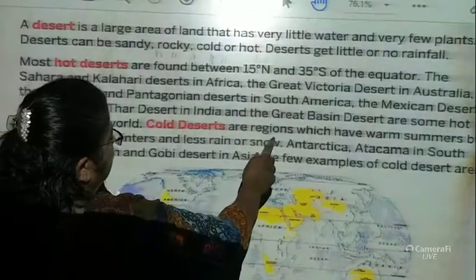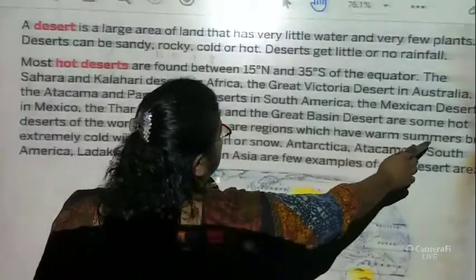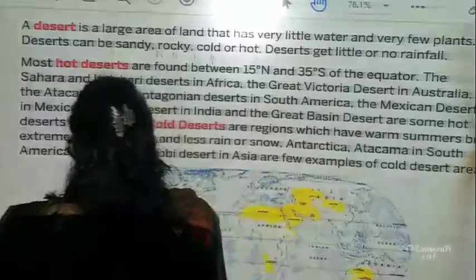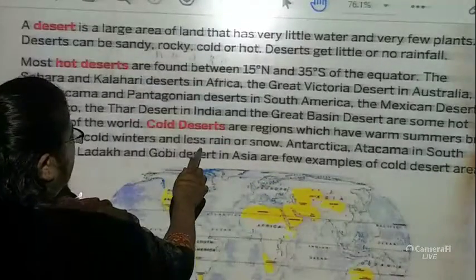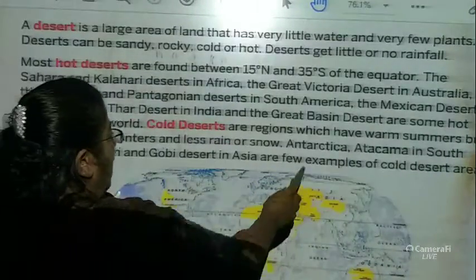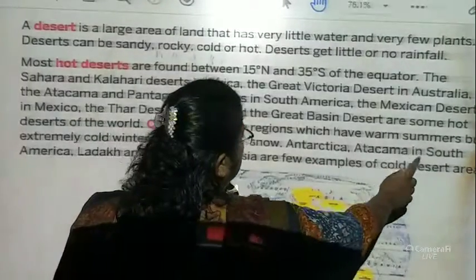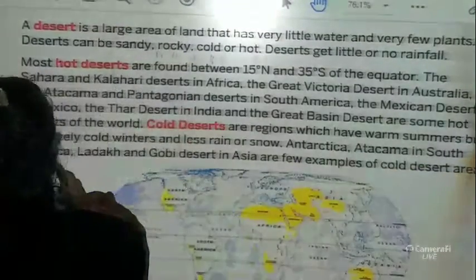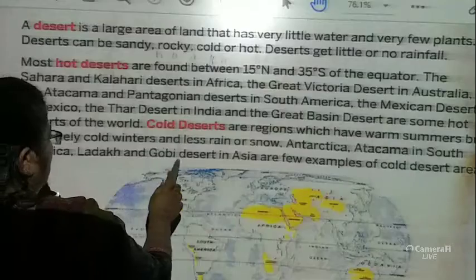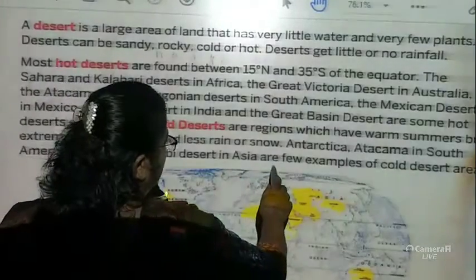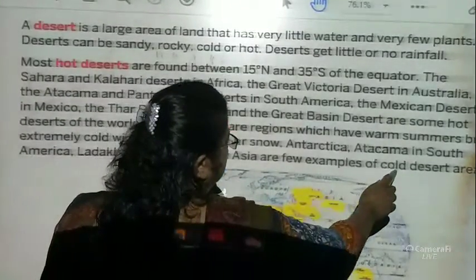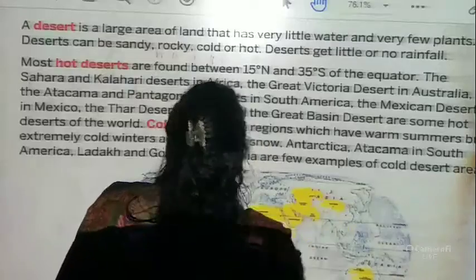Cold deserts are regions which have warm summers but extreme cold winters and less rain or snow. Antarctica, Atacama in South America, Ladakh and Gobi Desert in Asia are few examples of cold desert areas.